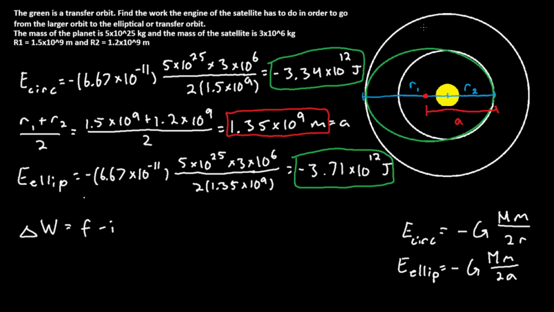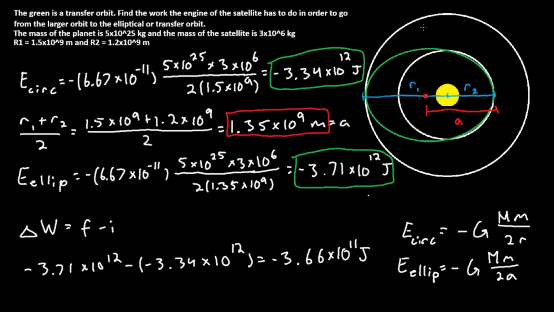So we subtract the initial energy, the larger orbit's energy of negative 3.34 times 10 to the power of 12, from the final energy, the elliptical orbit energy, which is negative 3.71 times 10 to the power of 12. Then we should get a final change in energy, or work, of negative 3.66 times 10 to the power of 11 joules.